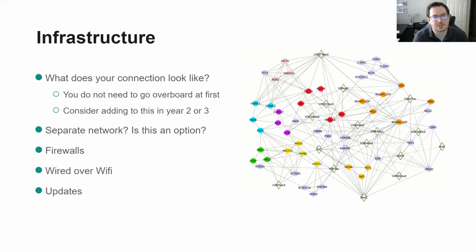Wired over Wi-Fi. We touched on this briefly before, but do everything you can to have a wired connection. It's going to give you a more stable internet connection, and it's going to perform better in the end. And you're not going to have to worry about an access point dropping in the middle of a game and suddenly having no internet access because the closest AP is 6 doors down or something like that.